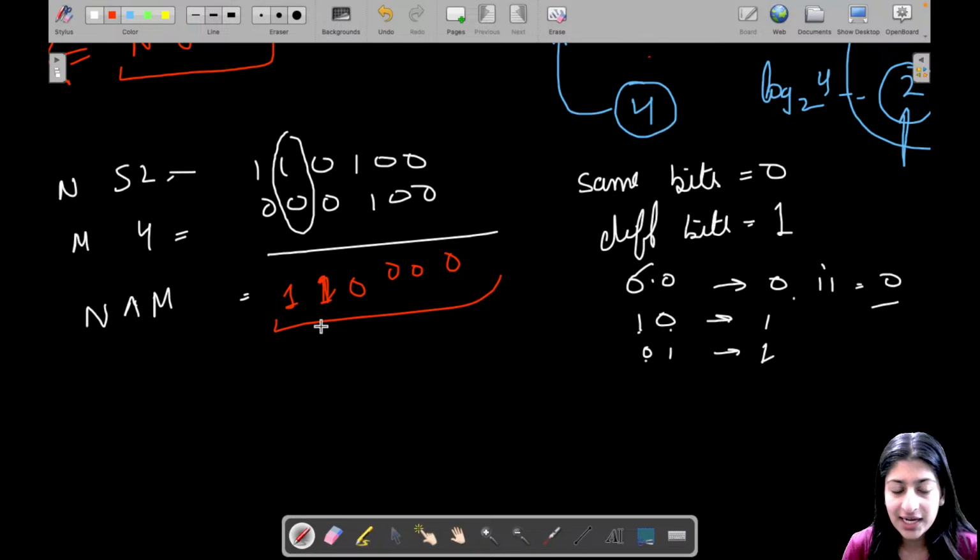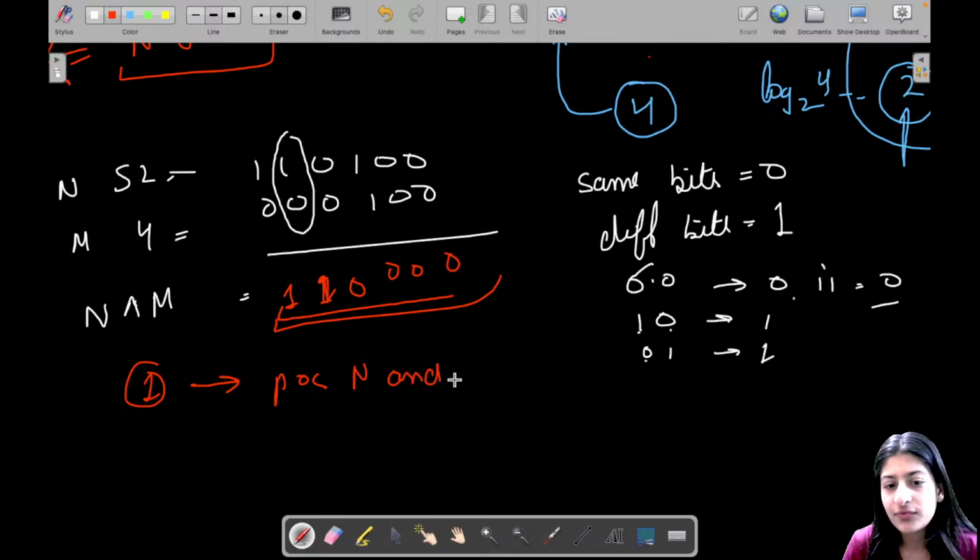So if this is the XOR of any two numbers, one thing is for sure: wherever I find 1, at that position both n and m must have different bits.